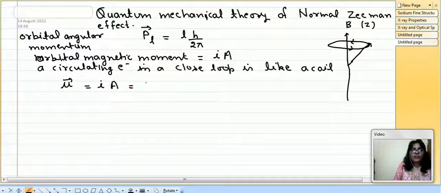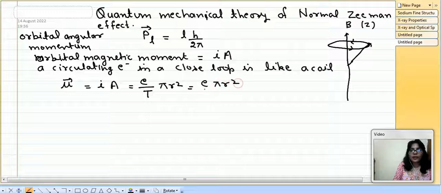I means current. So the current through this loop will be charge upon time period, e by T, and the area of the loop is pi r square. So e into pi r square, and then T is 2 pi by omega, where omega is the frequency of the electron.